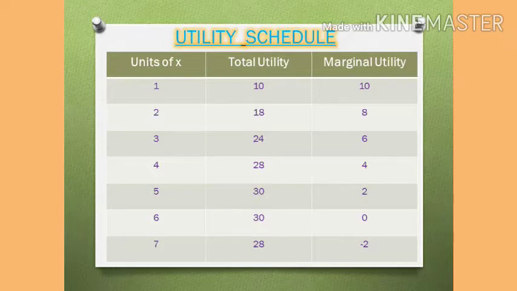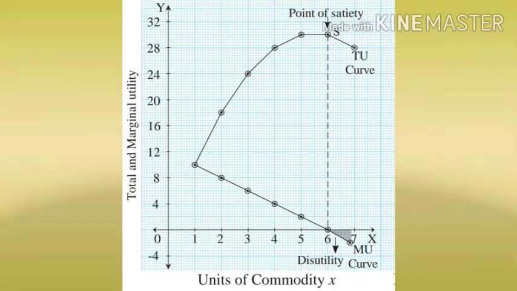On the basis of this schedule, total utility and marginal utility curves can be derived with the help of the following diagram. Diagram. TU curve equals total utility curve.